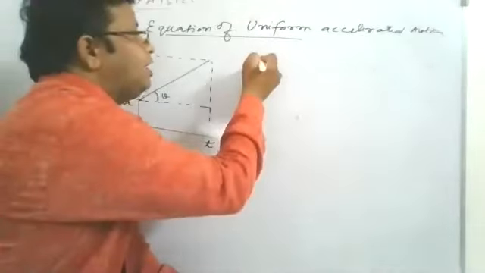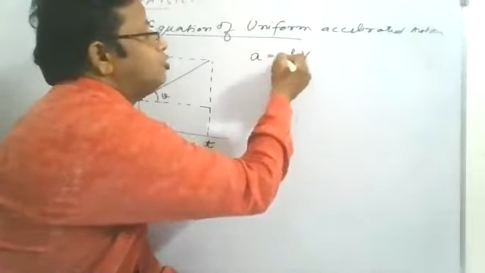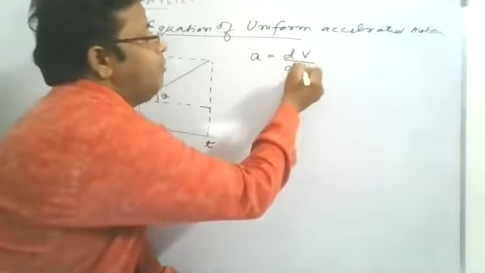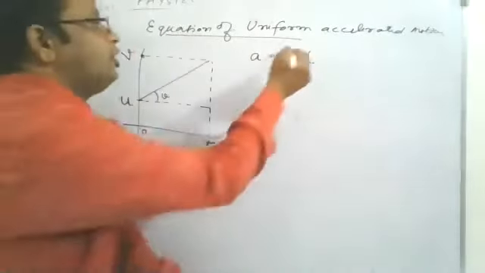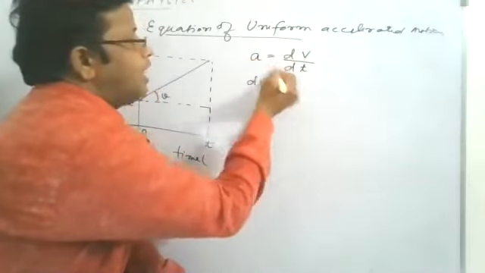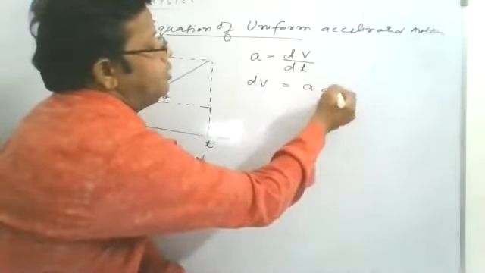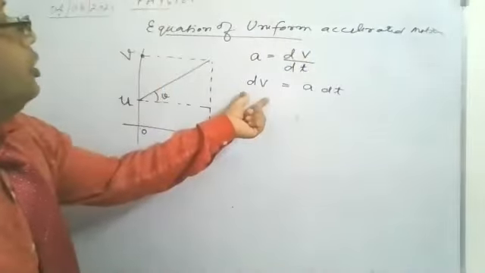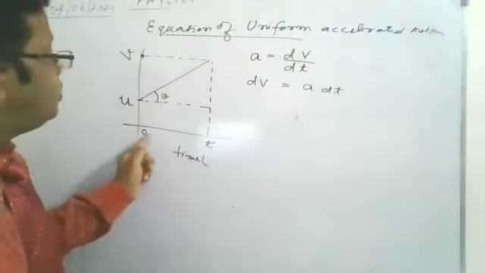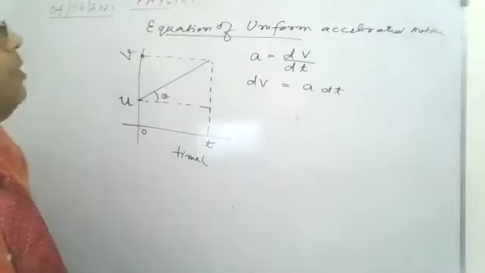We can write a is equal to the differential rate of change of velocity in differential time dt. Now we can write dv is equal to a dt. Now the change in velocity occurs from 0 to time t.